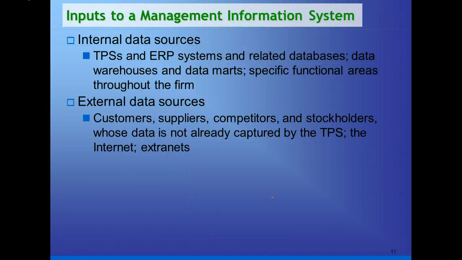We have mentioned already that there are inputs to a management information system. These inputs can come from two sources. First is the internal data source, and second, external data sources. For internal data sources, transaction processing systems and ERP systems, and related databases, and data warehouses and data marts and specific functional areas feed into the MIS.